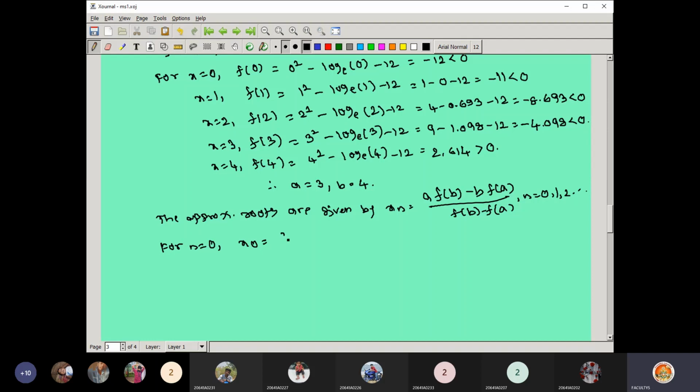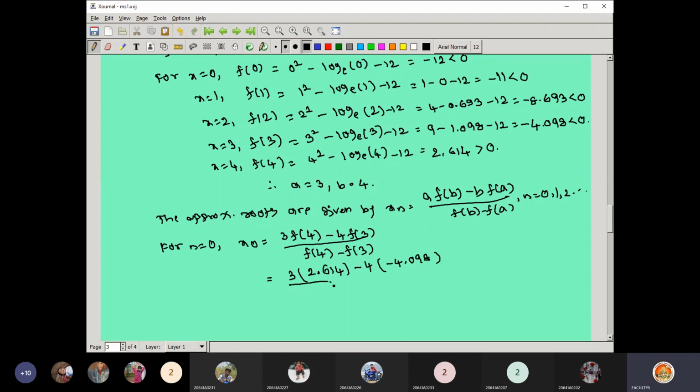A means here 3, into f of b, that is f of 4, minus b, that is 4, into f of a, that is f of 3, divided by f of 4 minus f of 3. So 3 into f of 4, already calculated as 2.614, minus 4 into f of 3, also calculated as minus 4.098.